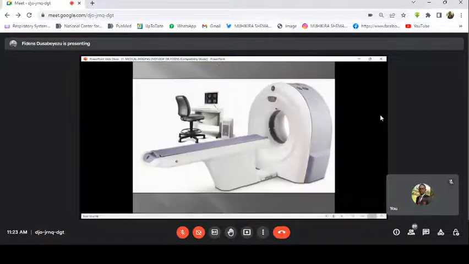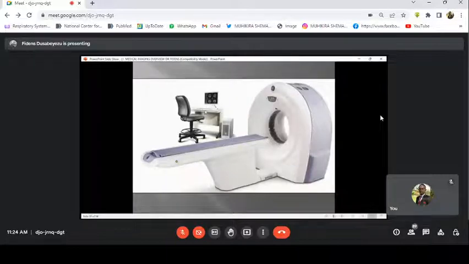Now, this is how the CT machine looks like. All of them look like this. You can see a bed, the bed where the patient lies on. This is the machine where the X-ray comes from. And this is the place for the operator with the computer screen and the computer here.